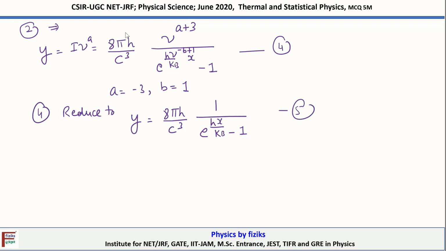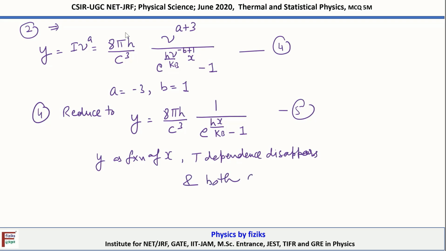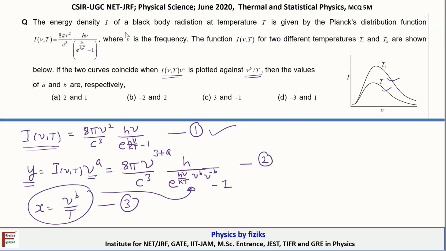Let's call this equation 5. When y is plotted as a function of x, the temperature dependence disappears and both curves will coincide. Therefore the correct option is the one with a = −3 and b = 1.